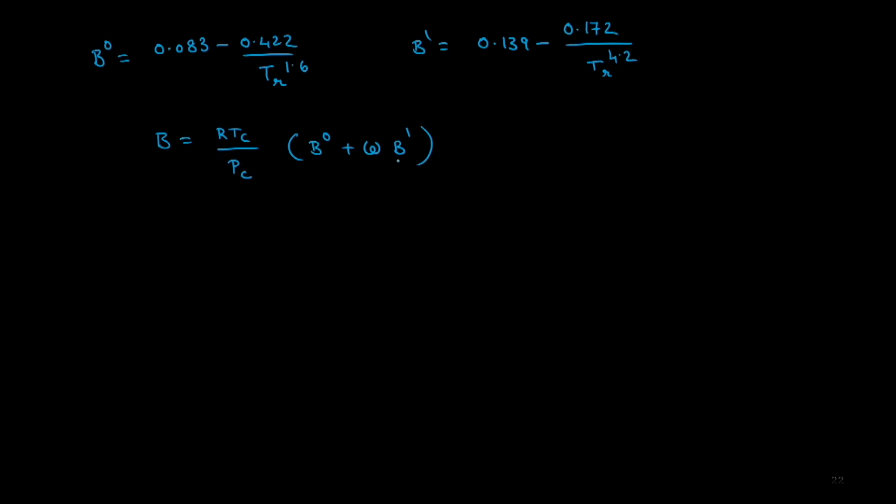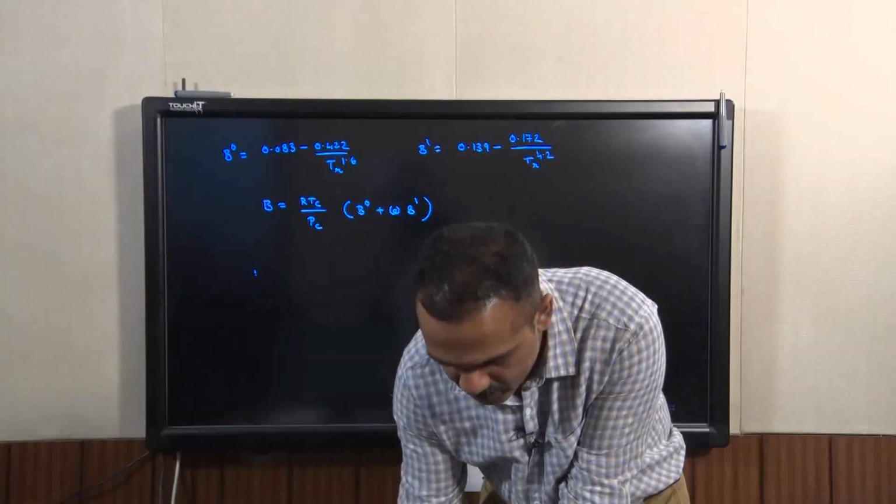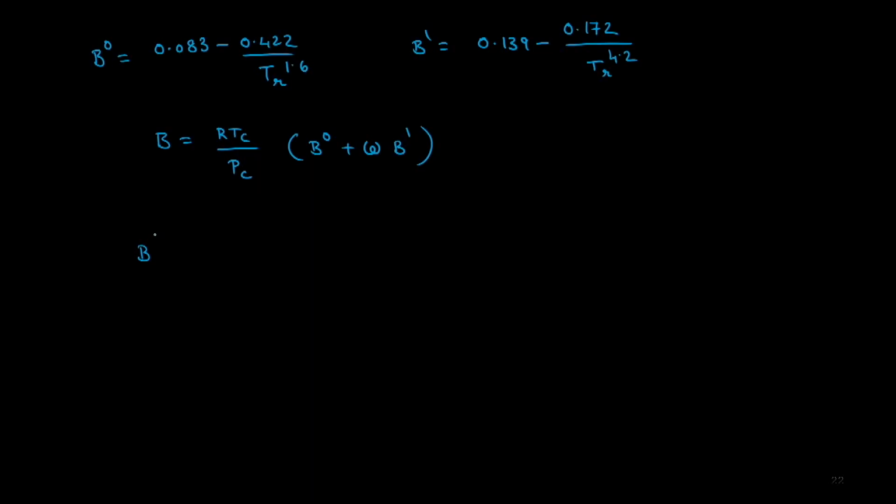What we will do is use the same correlations, but this time to obtain the cross-virial coefficient B12. The way we do that is we'll write a general expression for Bij, in an analogous equation, and so let's simply use that subscript here.